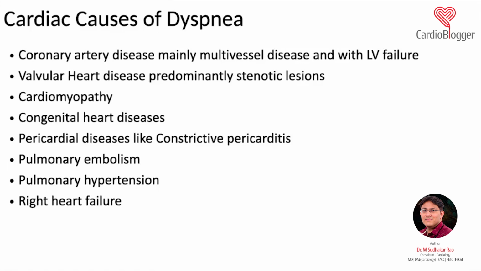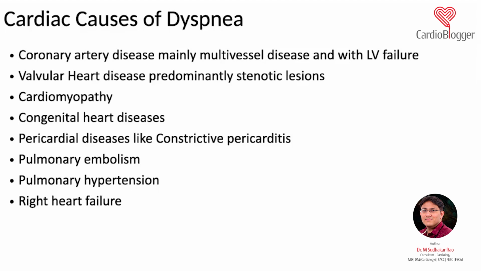Now next is valvular heart disease, predominantly stenotic. This is the most important thing you should remember. In the stenotic lesion, dyspnea is the most common symptom. In the regurgitant lesion, fatigue and palpitation are the most common symptoms. Among those, if the patient has mitral regurgitation and they ask you the most common symptom, it is fatigue. Why?